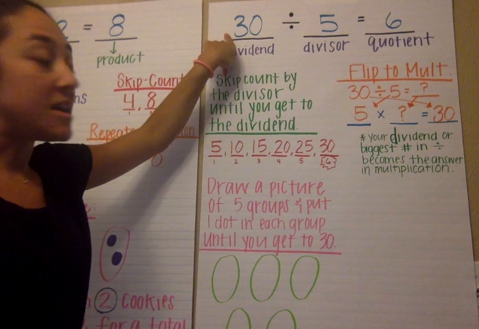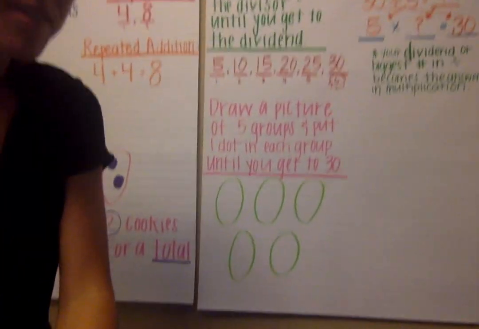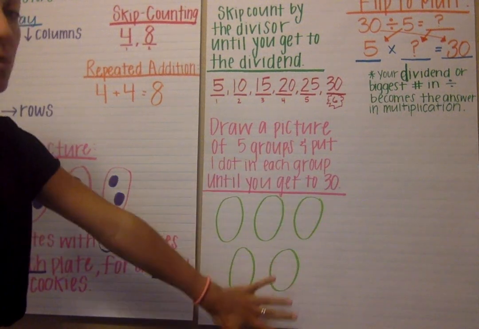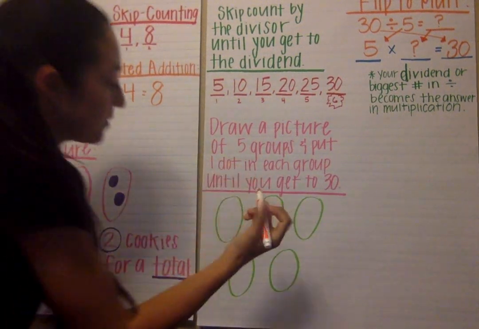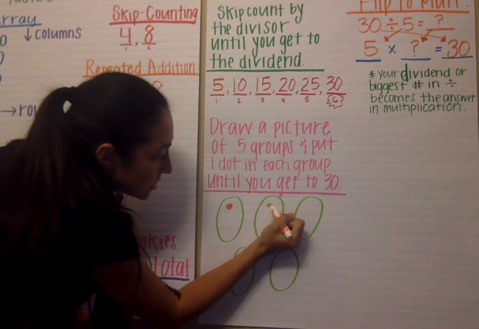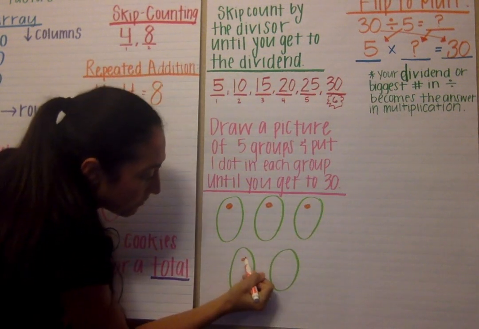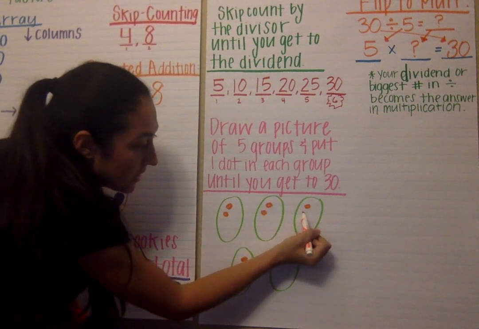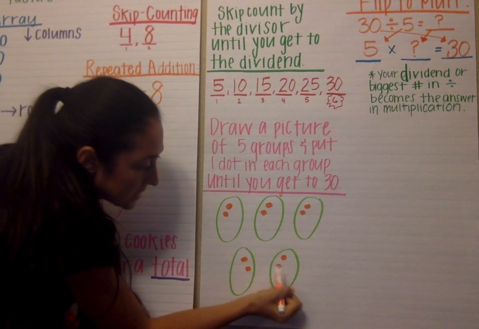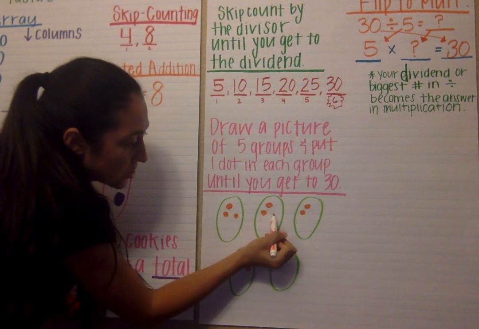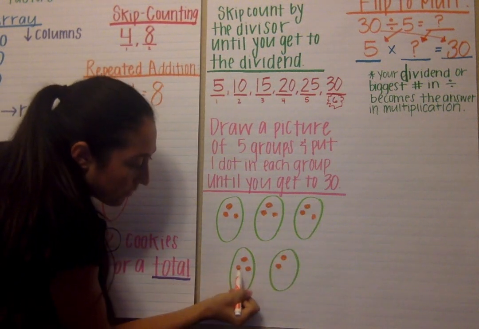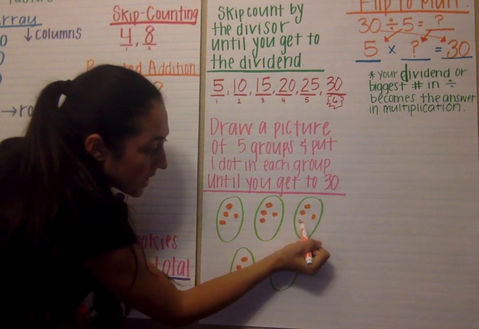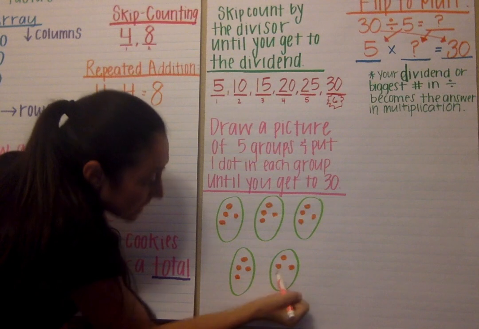I need to put 30 dots into these 5 groups down here, not 30 into each one, but I need to spread them out equally into each group. So I would start by going 1, 2, 3, 4, 5, 6, 7, 8, 9, 10, 11, 12, 13, 14, 15, 16, 17, 18, 19, 20.